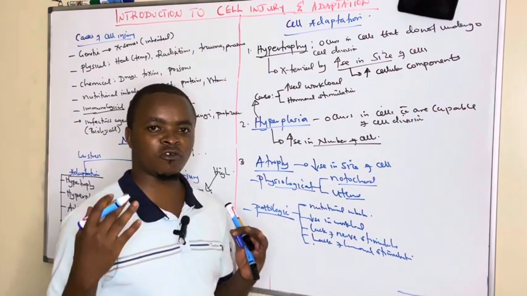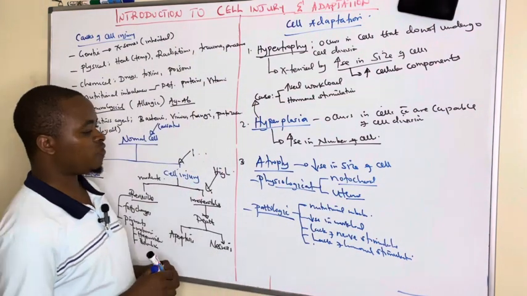So there are many causes, or what you call pathologic causes, of atrophy.